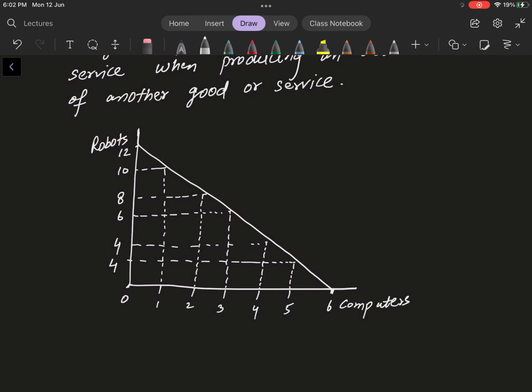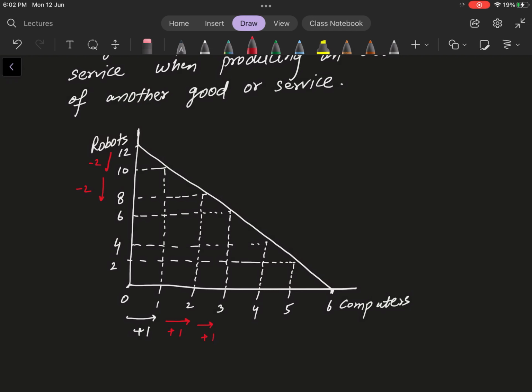Now let's suppose that we are only producing robots here, at a point where we are producing 12 robots and 0 computers. We move down from that point to 10 robots to produce an additional computer. So when we produce an additional computer, from 0 to 1, we have given up 2 robots. Similarly, when we move from 1 to 2 computers, we give up 2 more robots.